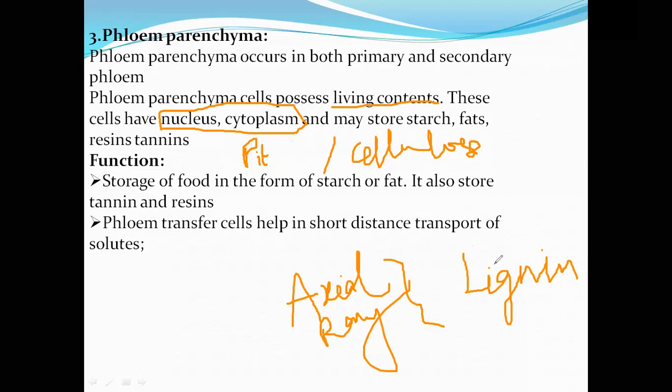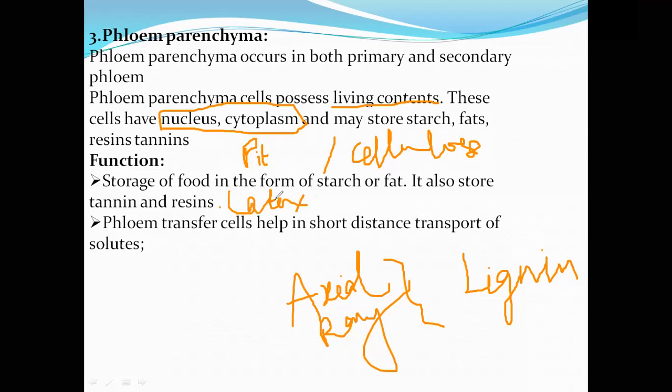Okay, next come to the function. The main function of phloem parenchyma is storage of food in the form of starch or fat. Sometimes it also stores material in the form of secondary metabolites like tannins and resins, and sometimes mucilage or latex.